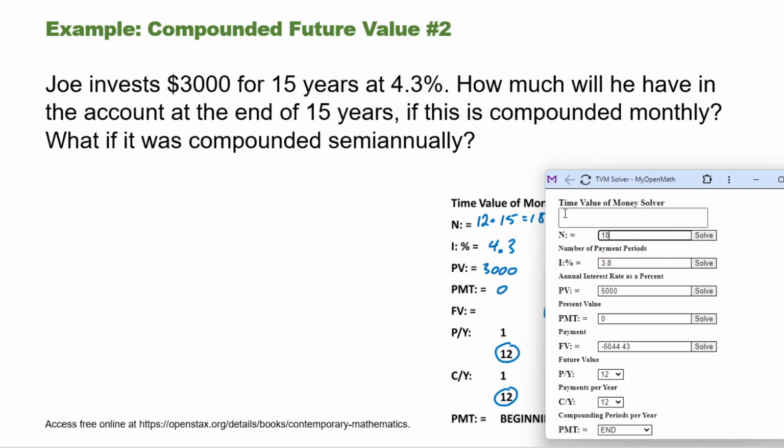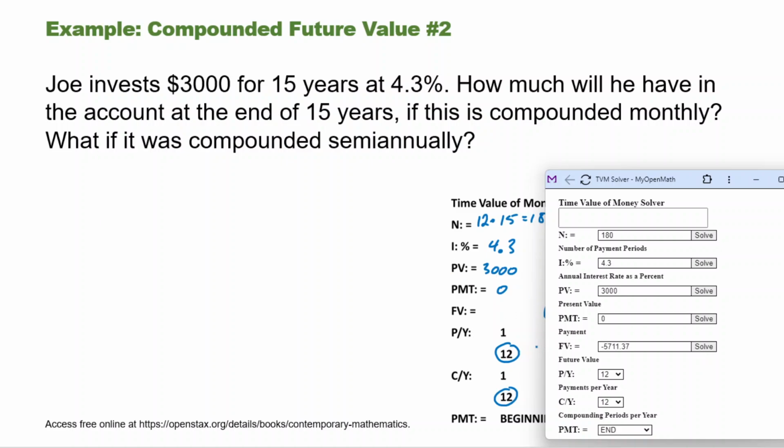So N equals 180. I percent is 4.3. Present value is 3,000. Payment is 0. Future value is blank. Payments per year, compounding per year, both 12, and end, so I will click solve on future value.